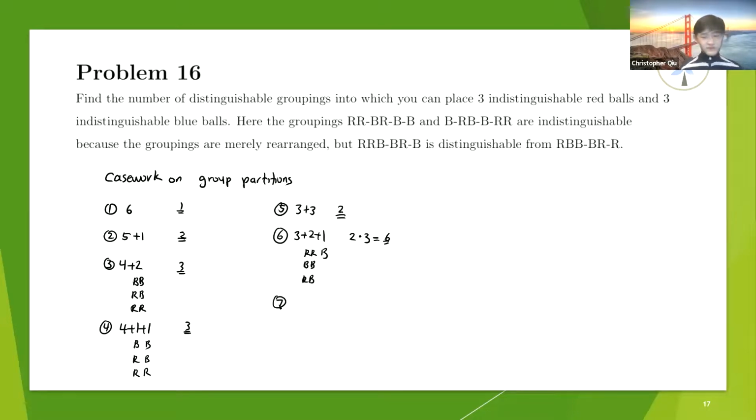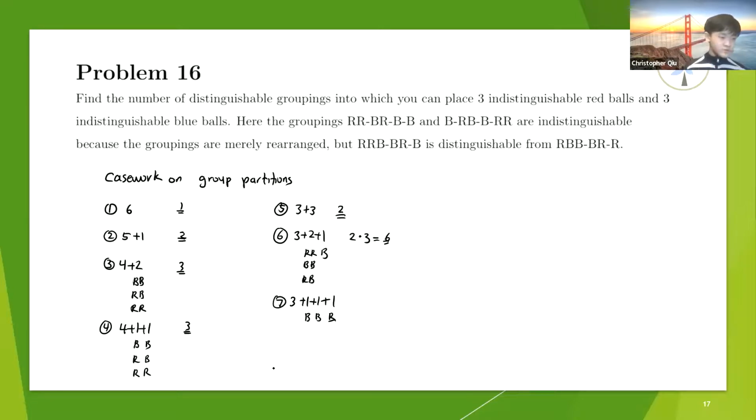And then our 7th case is if we have 3 plus 1 plus 1 plus 1. So this would mean we have 3 groups of just 1 ball each. And once we determine what the balls are in these 3 groups, we've determined the entire grouping, since the last group with 3 balls in it would be just the group with the remaining 3 balls. So we can list out the possibilities. We can have 3 groups of 1 blue ball each.